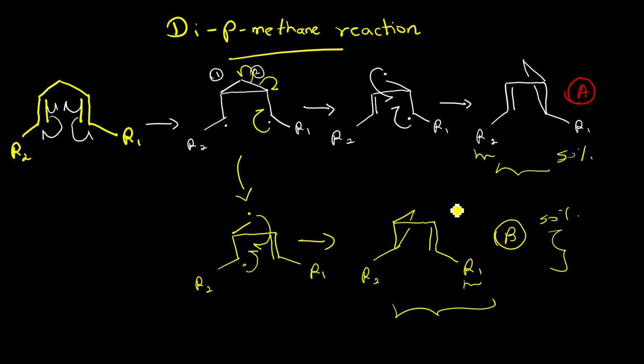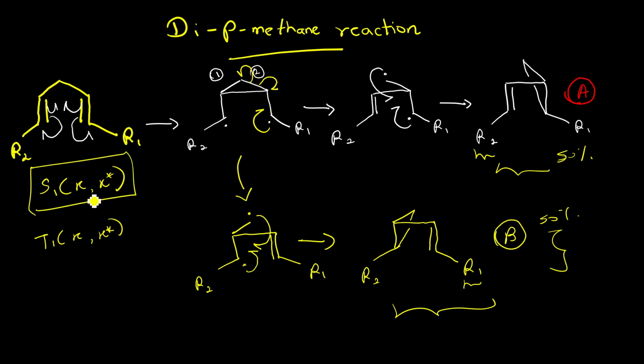There's another small thing you need to remember: this reaction happens only through the singlet excited state. This reaction won't happen through the triplet excited state. That's very important. These two products form through the singlet excited state. I hope you now know this is going to be a pi to pi star transition.